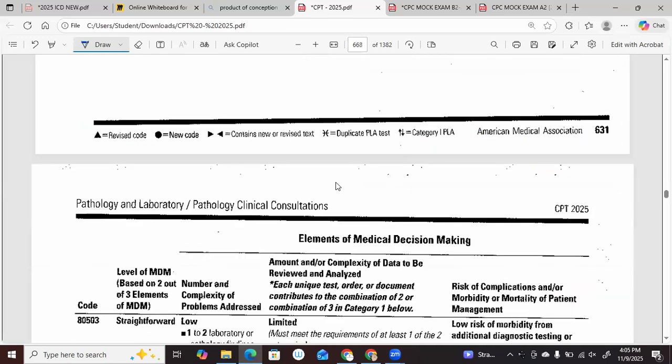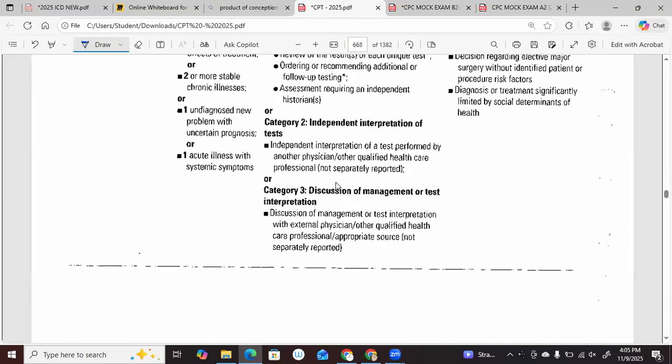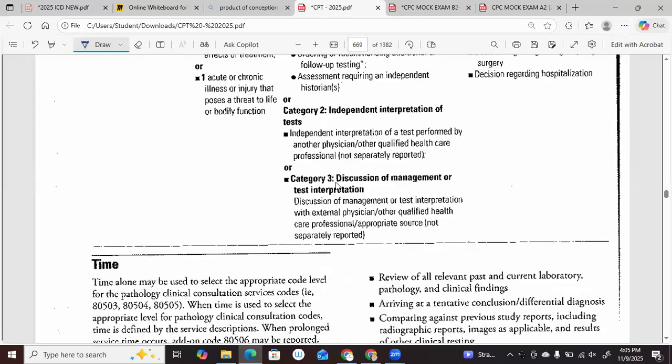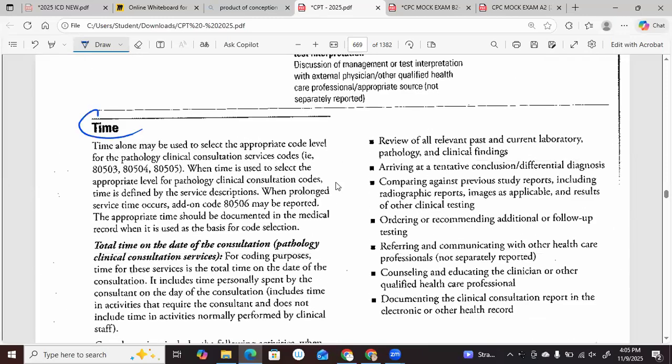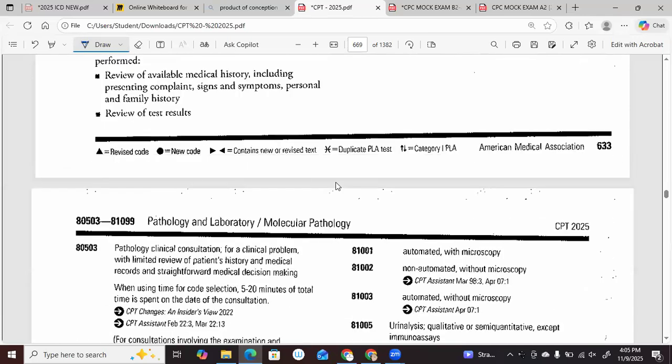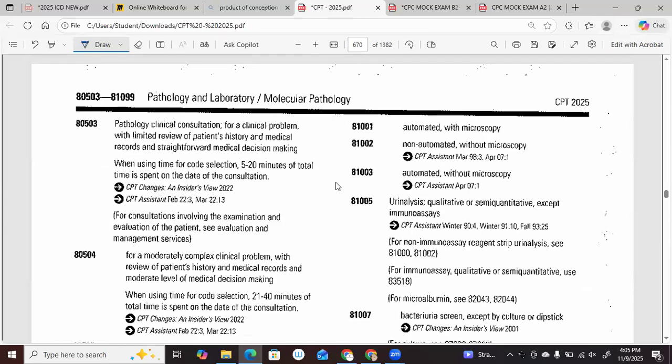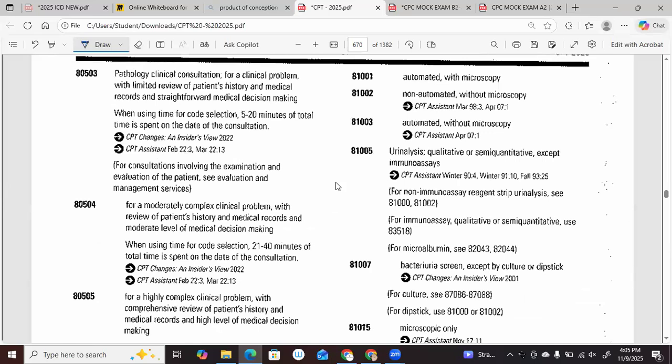So let me pull these codes here. These codes are based on time and MDM. MDM means medical decision making, which represents the severity and the complexity of the condition.